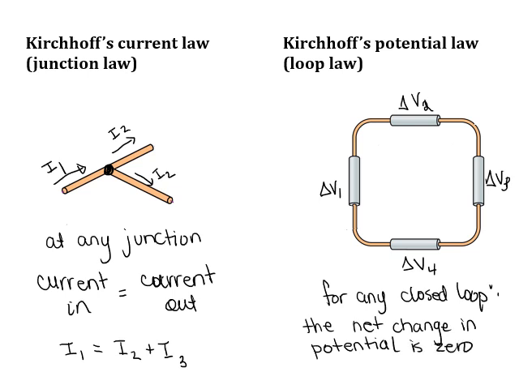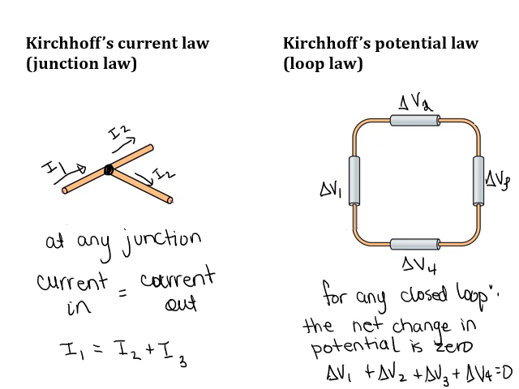In terms of an equation, delta V1 plus delta V2 plus delta V3 plus delta V4 equals zero for however many elements you have there.